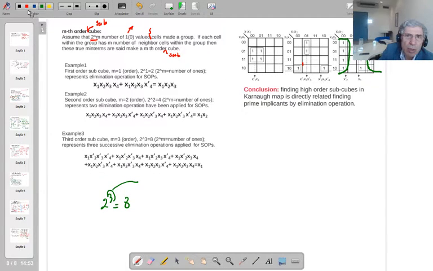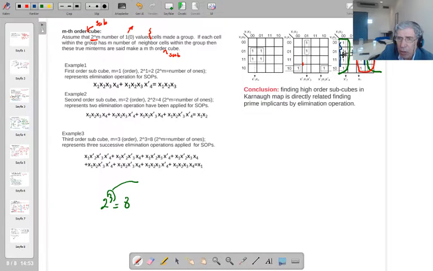And third order subcube, I should have said. These 8 ones, for example, they do make a third order subcube as well. But if you consider, let me get in blue color, these 4 ones and these 4 ones.